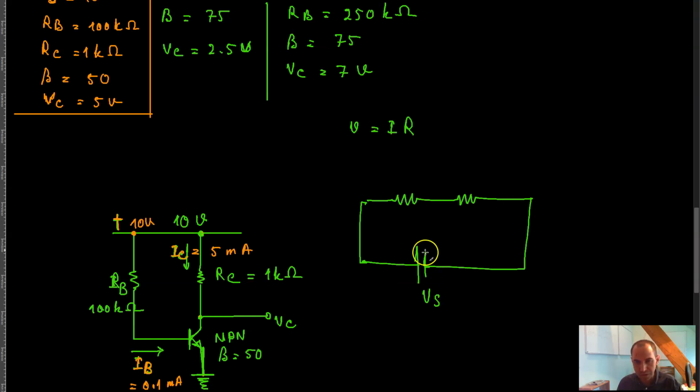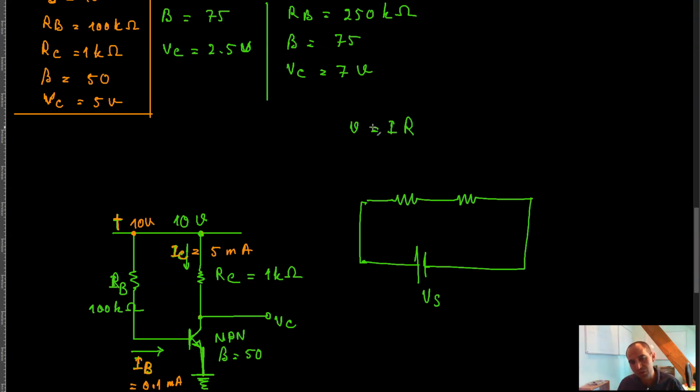If V of S is constant, the more voltage that is dropped here, the less voltage will be dropped here. The less voltage that is dropped here, the more voltage there is to be dropped over here, right? So it's just something logical. And as a result, the more current that is going through your collector, the more voltage drop you have here, the less voltage you have over here, and so on and so forth.